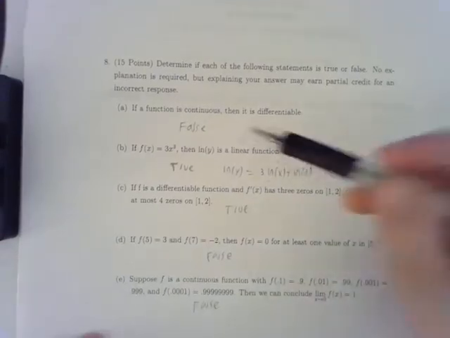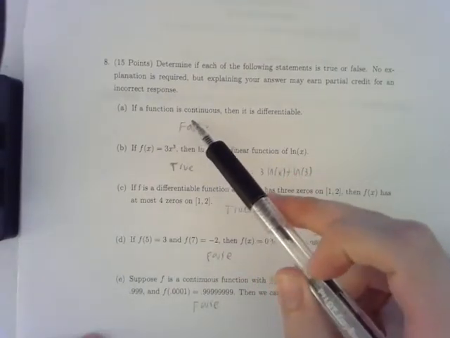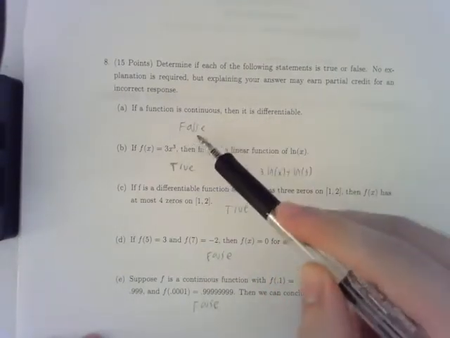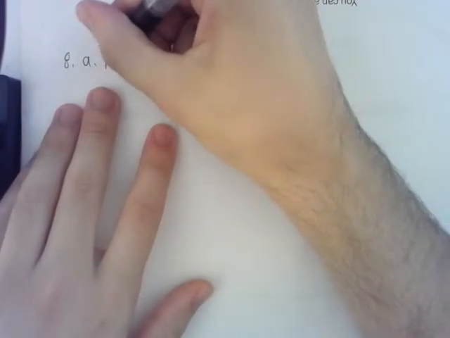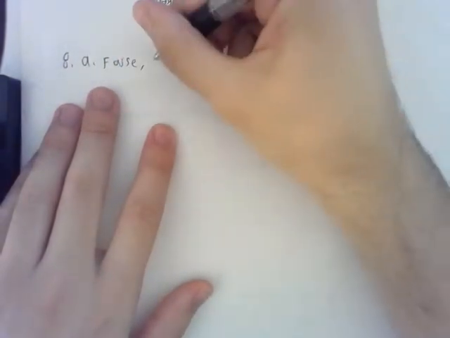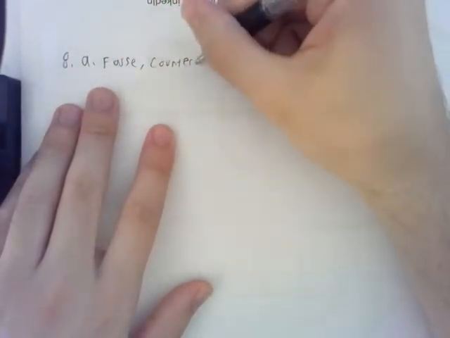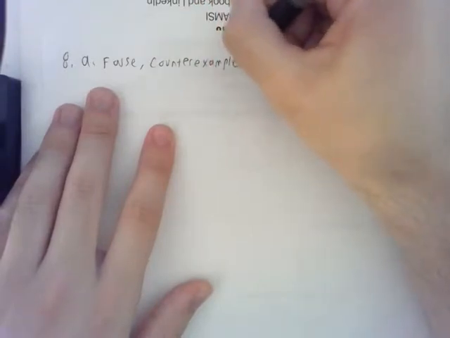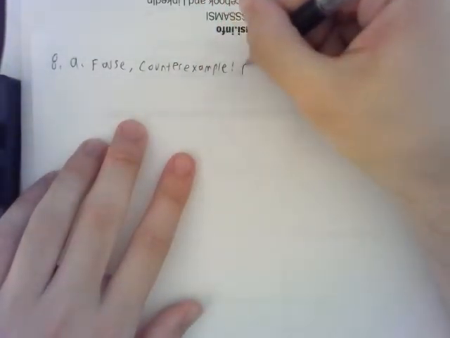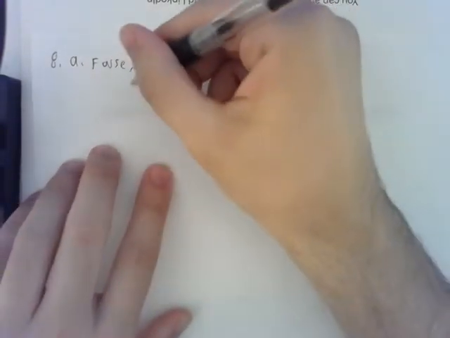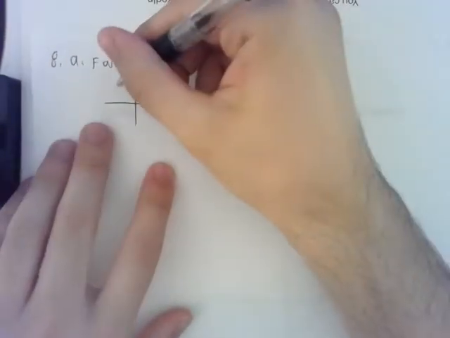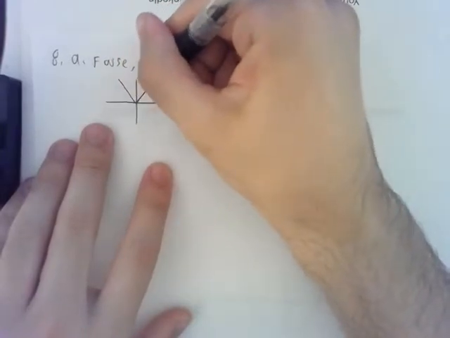So the first one, we're told if a function is continuous, then it's differentiable, and this is a false statement. So as an example, we can look at something like the absolute value function. So this function looks like this.